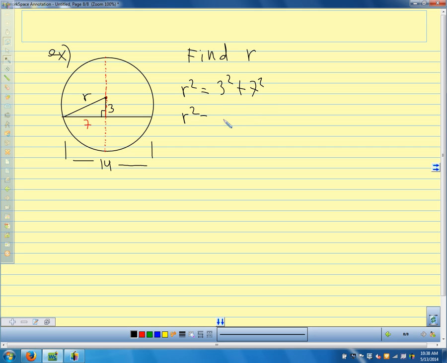So r squared equals 9 plus 49, which is 58. Take the square root of both sides, and R equals 7.6. So we were able to figure out that this chord was bisected because this is a piece of the diameter.